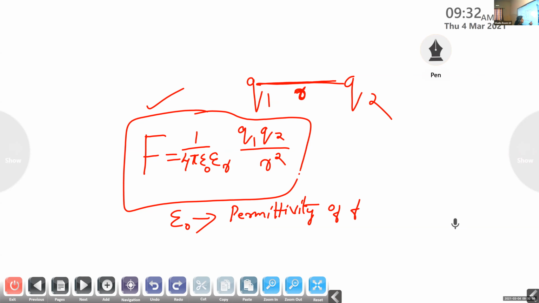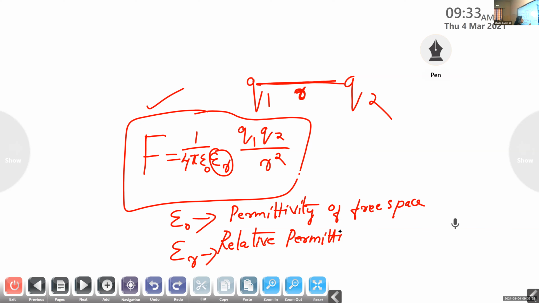Permittivity of free space. Now in the second case, in addition to free space or vacuum, we separate these two charges using a material medium like metal. Then an additional term arises in this equation, that is epsilon R. This term epsilon R is known as the relative permittivity of the medium.